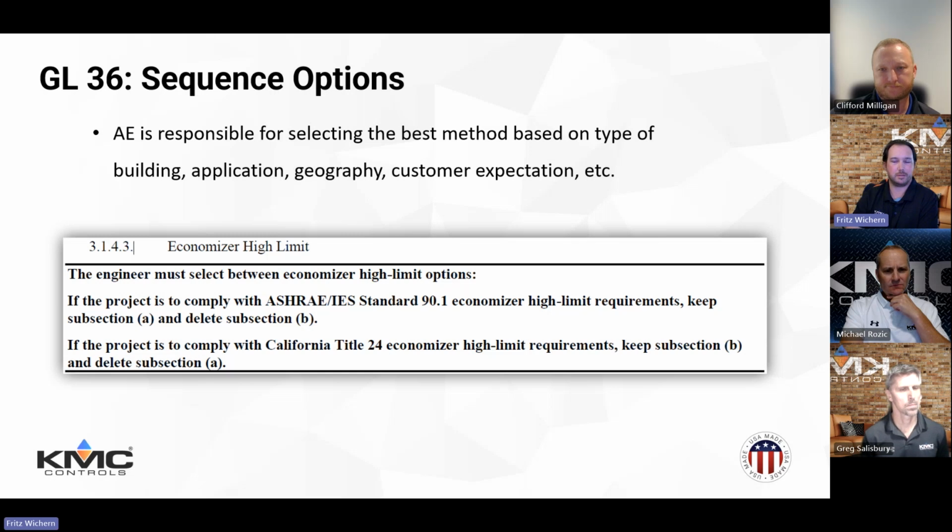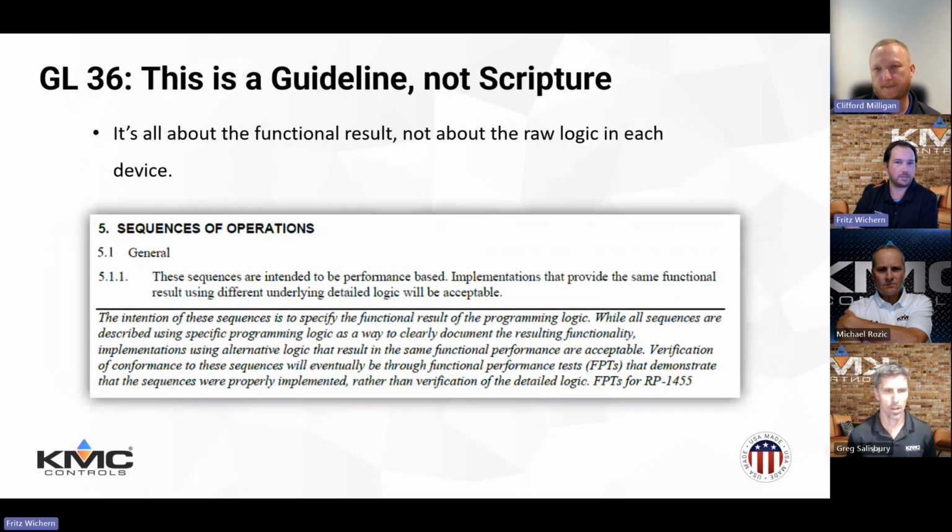Simple things like enthalpy don't matter in Phoenix, but make a big difference in Cleveland or Orlando. So those are things to pay attention to depending on where you're at. This one, again, next slide here. Clifford touched on that. It's a guideline. It's not scripture, but a good guideline to follow.